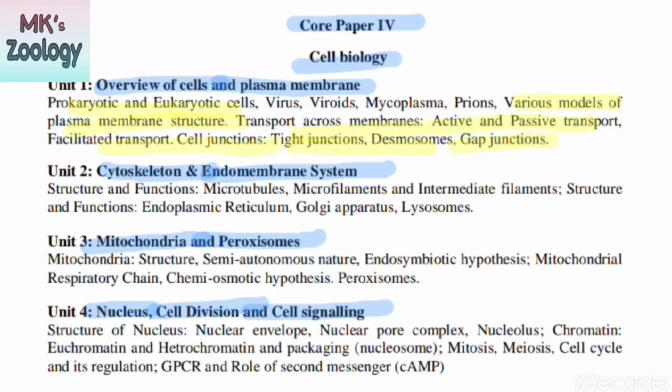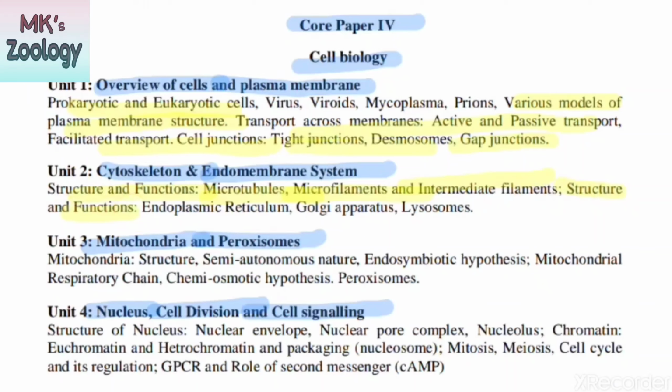In Unit 2, you have to study about the structure and function of cytoskeleton. In the structure and function of cytoskeleton, you have to study the microtubules, microfilaments and intermediate filaments. And the next one is structure and function of endomembrane system.